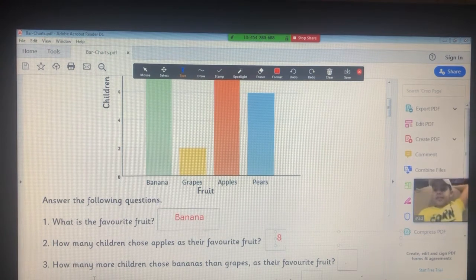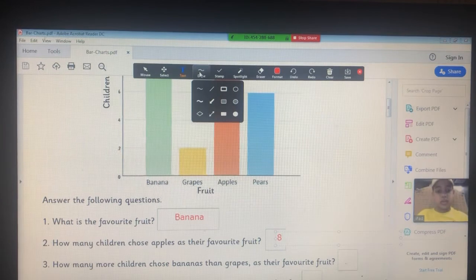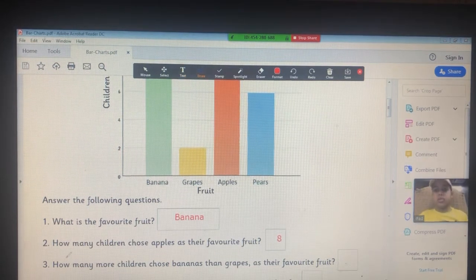Read. How many more children? How many more? How many more, does it mean I will add or subtract?